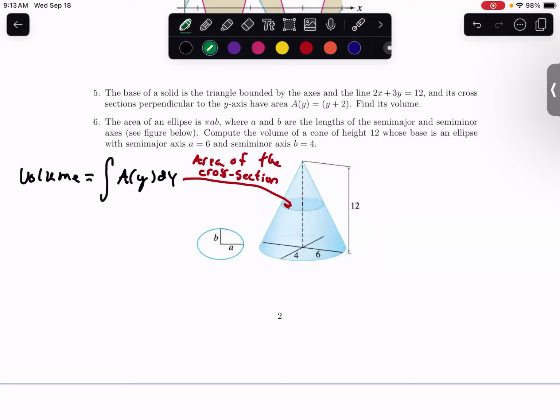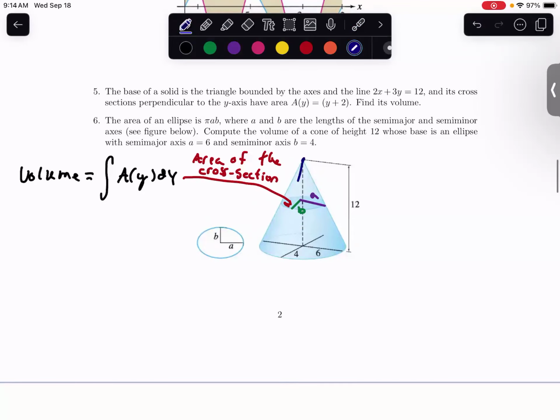To determine what the area of the cross section is going to be, the area of this ellipse is going to be pi times AB, where this green radius here is going to be our B, and this radius here is going to be our A. To determine what A and B are going to be, we're just going to use similar triangles, except now we're going to have 2 triangles instead of 1.